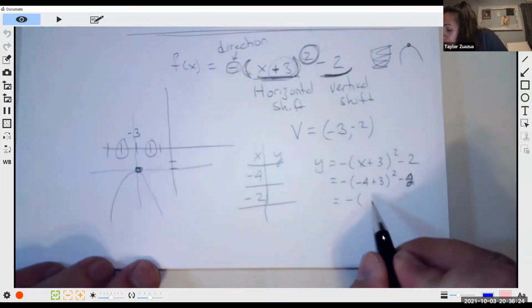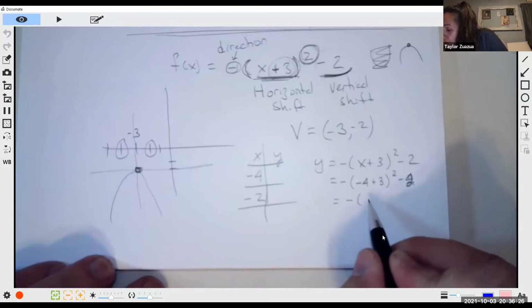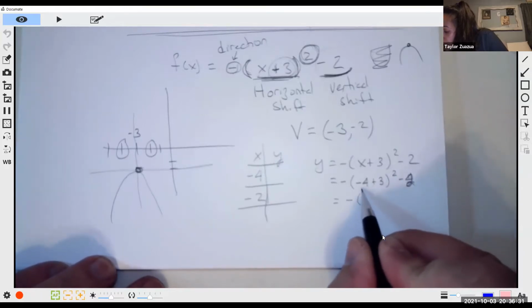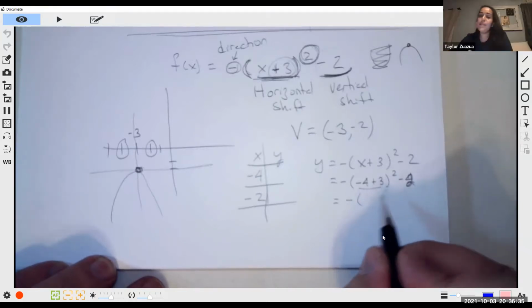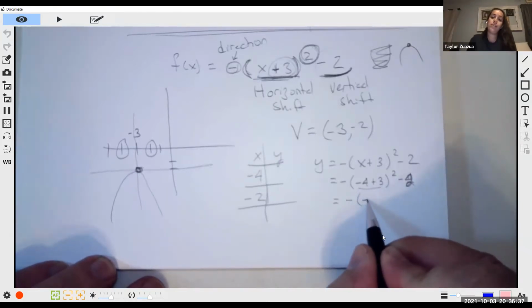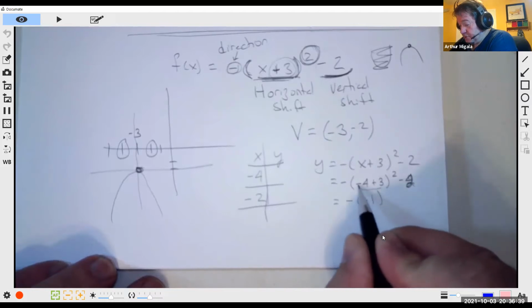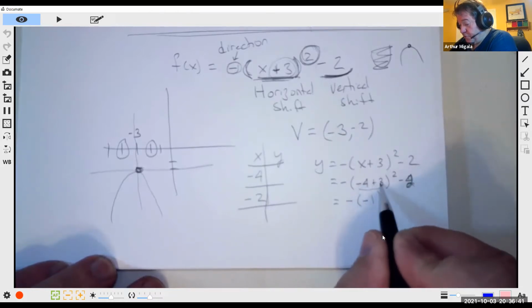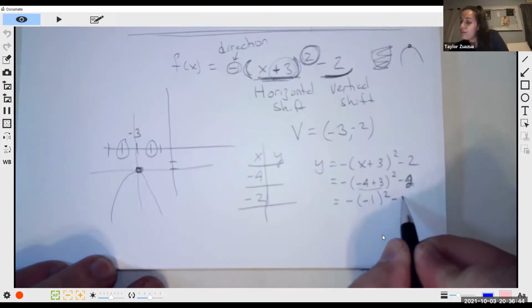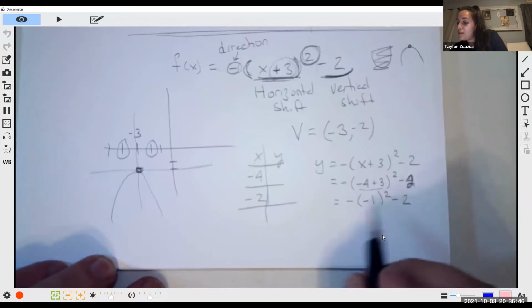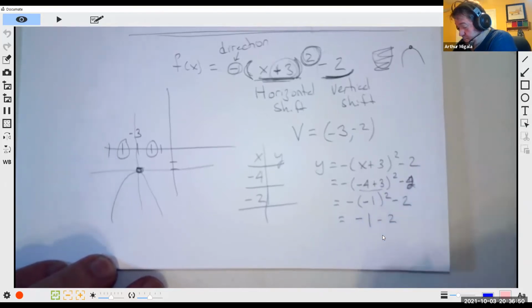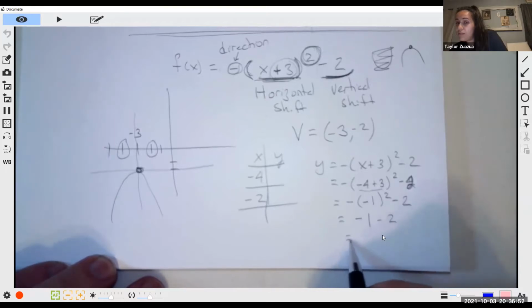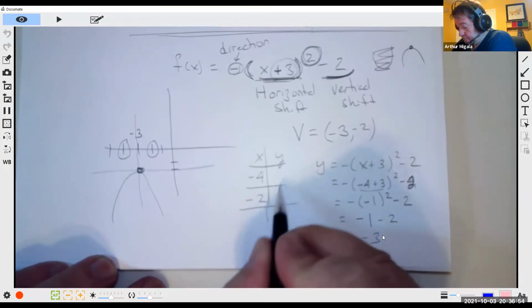The 4 and 3 are in the parentheses. -4 plus 3, wouldn't it be -1? Yes, because 4 is bigger than 3, so it's negative. 4 minus 3 is 1. -1 squared equals 1, so it's -1 minus 2, which is -3. Right.